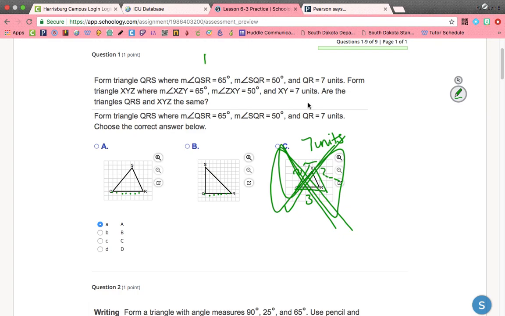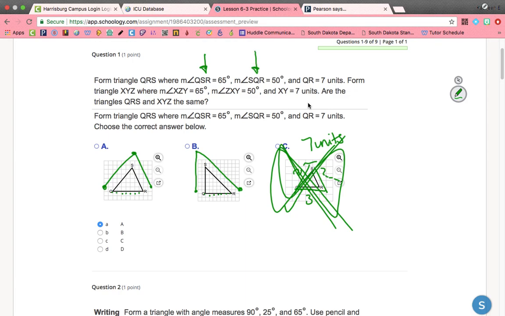Next we have to do the angles. So angle QSR, remember that the letter in the middle is the vertex, okay? Is QSR 65? Maybe. I can't immediately eliminate it right now unless I got out a compass and protractor and figured it out.